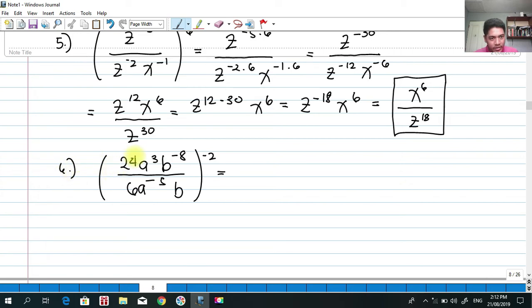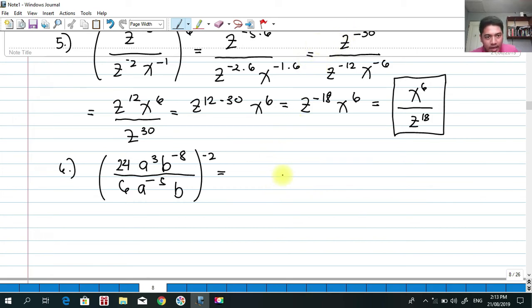But first of all, before that, we can simplify this 24 over 6, which is actually 4. But we can still do the same later on. It will not affect our equation. So let's still keep 24 over 6 here.